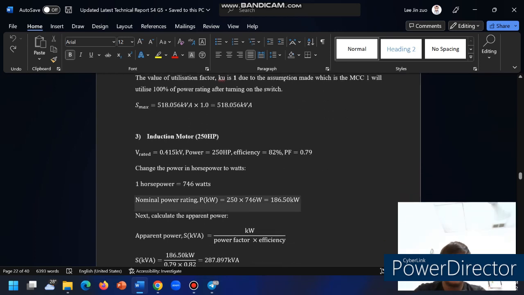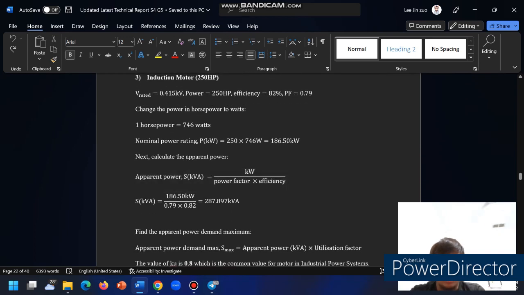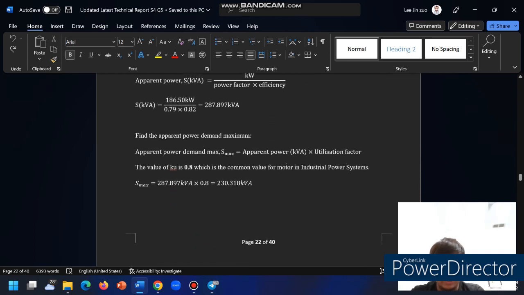And the third element is the induction motor with 250 horsepower, efficiency of 82%, and power factor of 0.79. Here is the apparent power and the maximum demand.